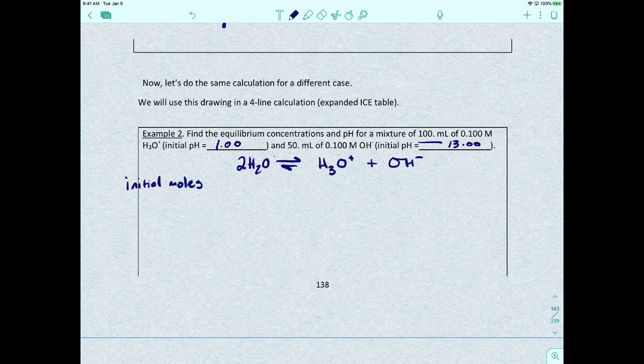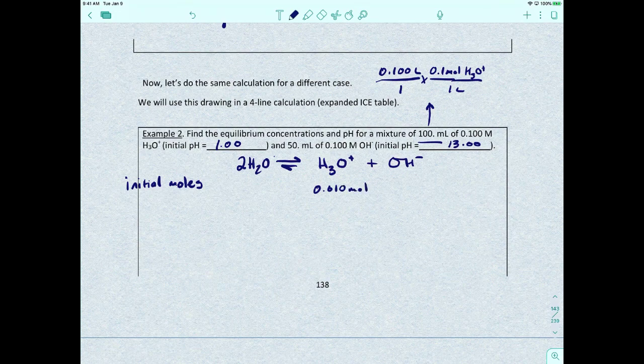So we need to do a little bit of work. I'm going to draw an arrow up here. So if we have 0.100 liters or 100 milliliters and multiply that by 0.1 mole of H3O plus over 1 liter, 0.1 times 0.1 should give us 0.01 moles of H3O plus.